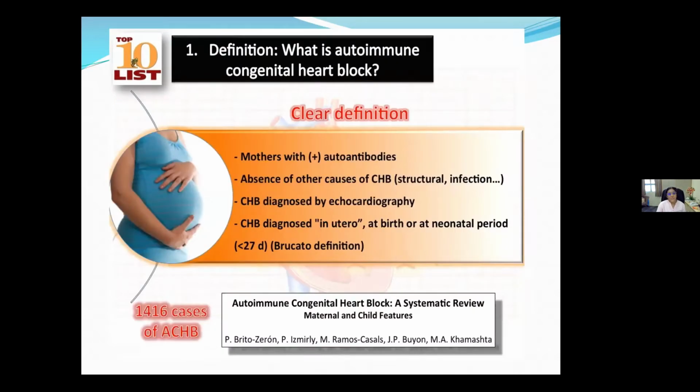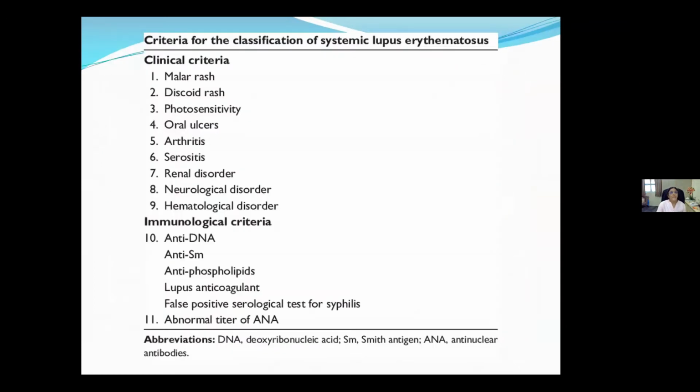By definition, a mother who has autoantibodies, in the absence of other causes of congenital heart block, can be diagnosed by fetal echo in utero, at birth, or at the neonatal period less than 27 days of life. Usually SLE and Sjogren syndrome are the causes for this autoimmune congenital heart block.